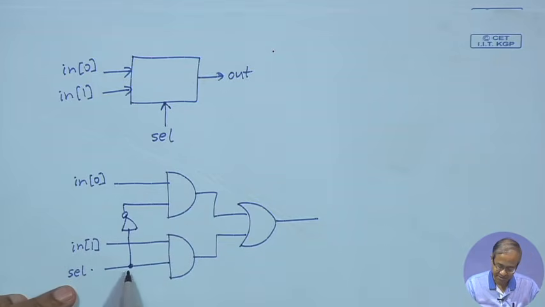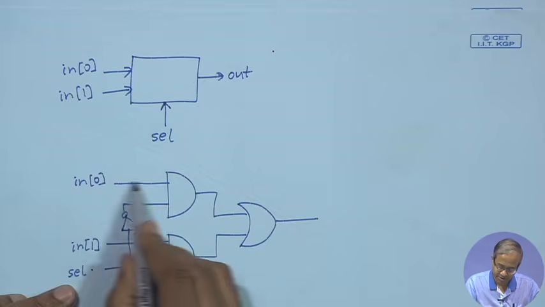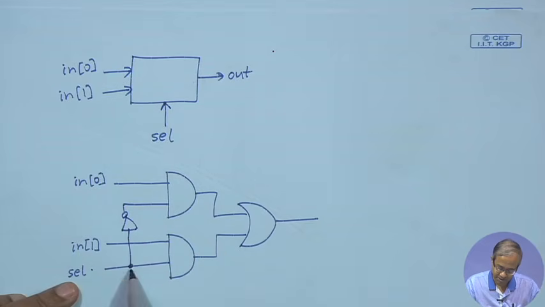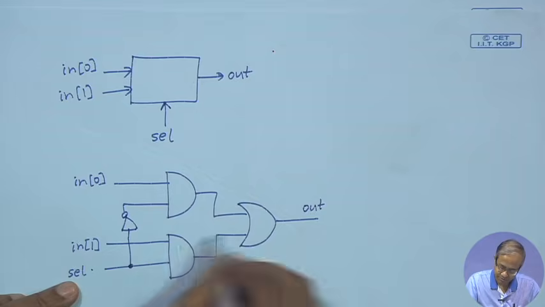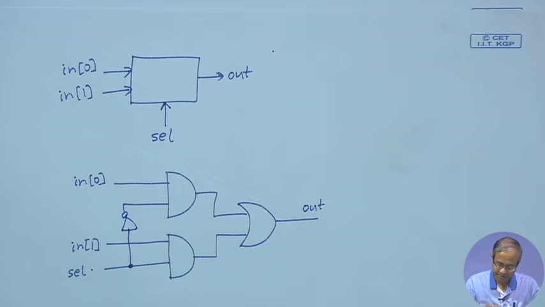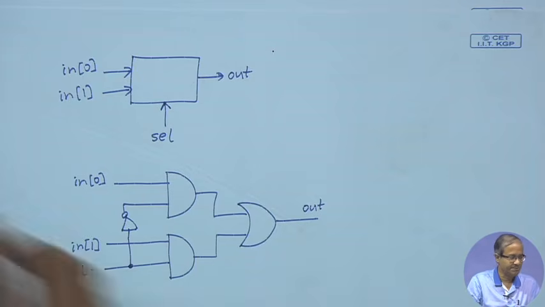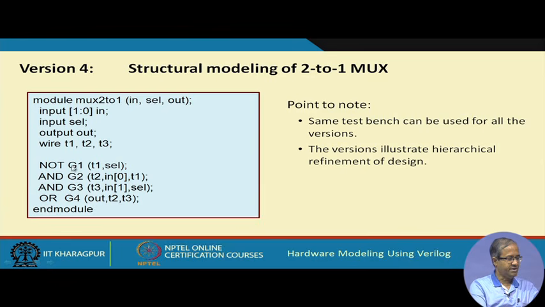So, when select is 0, this will be 1, and in 0 will come out, and when sel is 1, this will be 0 and this will be 1, so in 1 will be selected and in 1 will be coming out, right. So, these are 4 gates. We specify this structural description for the multiplexer. This is what we have described here, a NOT gate, 2 AND gates and an OR gate.